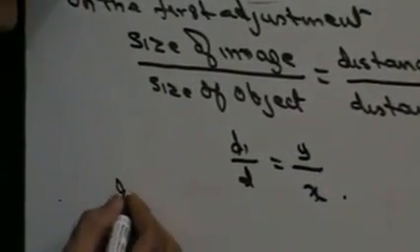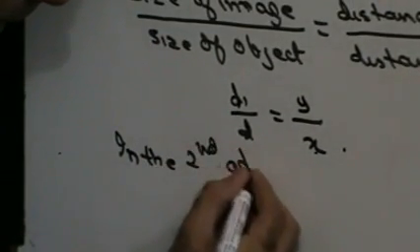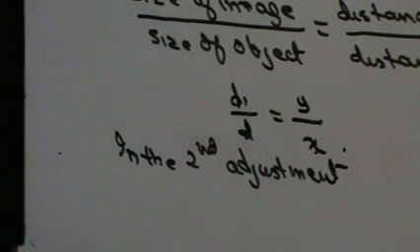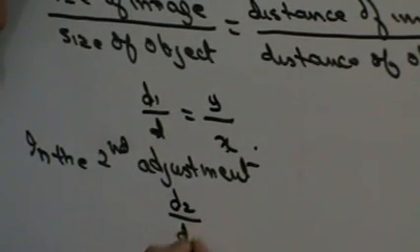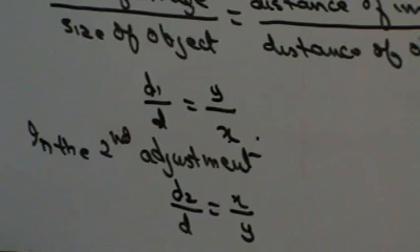In the second adjustment, I can say that using the same formula, size of the image, that is d2, upon size of the object, d, is distance of the image, x, upon distance of the object, y.